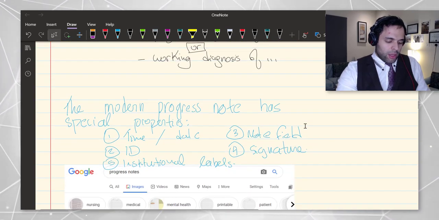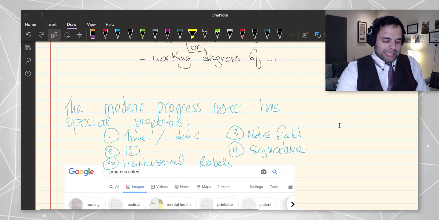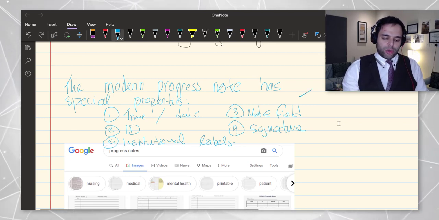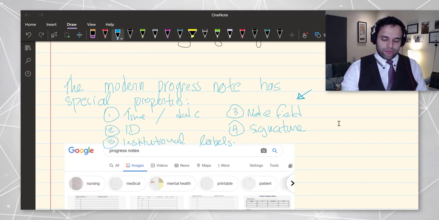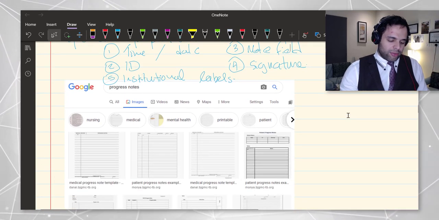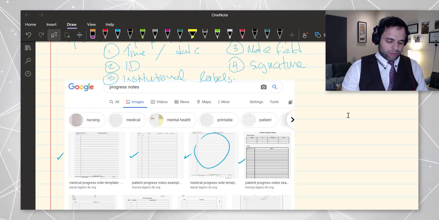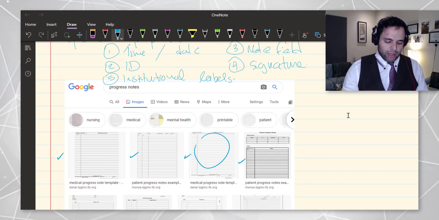The modern progress note has special properties. You need to include the time, the date, and the note field, which is the actual field that the note is written on. You can see multiple examples of progress notes from different institutions.